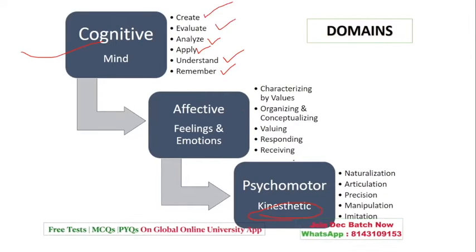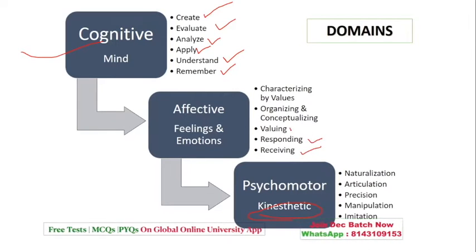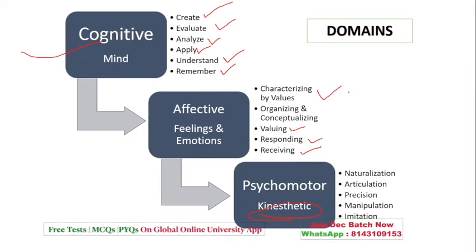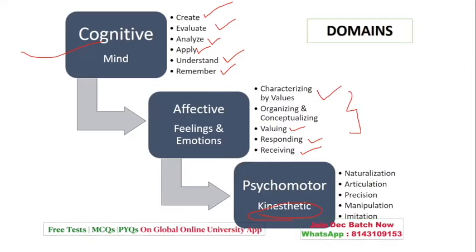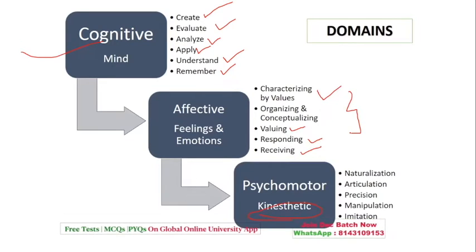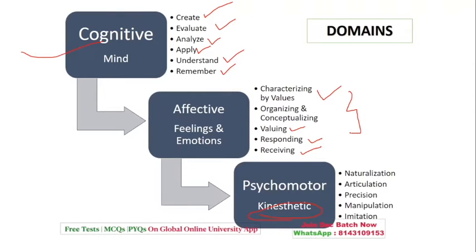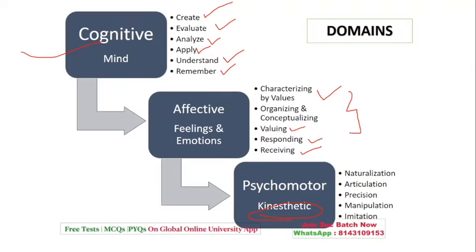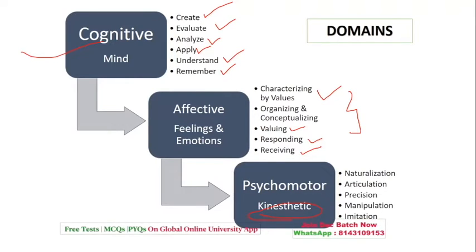When we talk about the affective domain, it starts with receiving, responding, valuing, conceptualizing, and characterizing. Now, they will give you all the random options and tell you to arrange them as per the original sequence. So you should know the original sequence very well. When it comes to psychomotor, it is imitation, manipulation, precision, articulation, and naturalization.